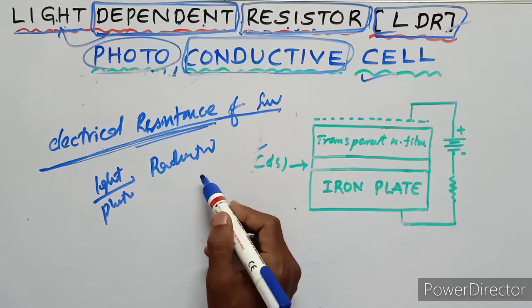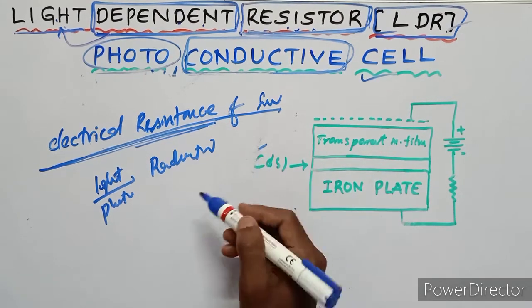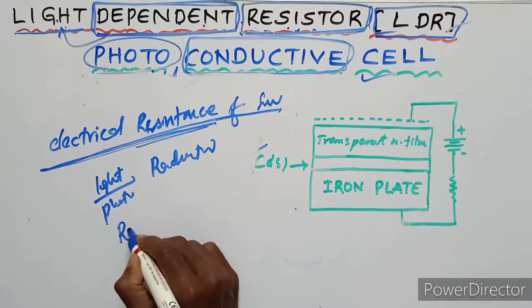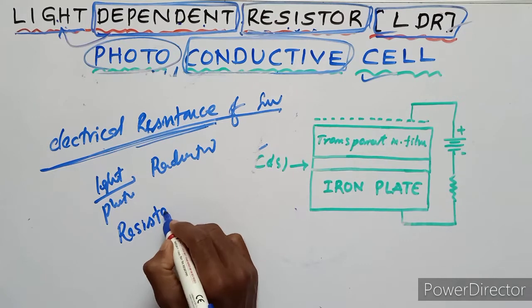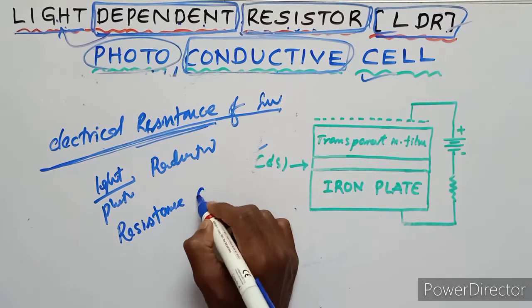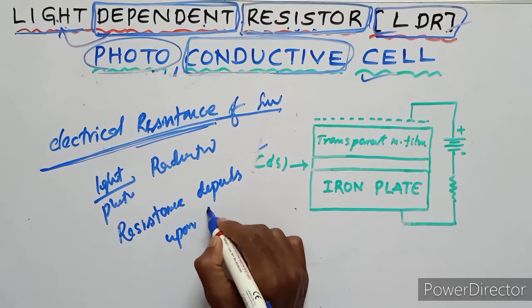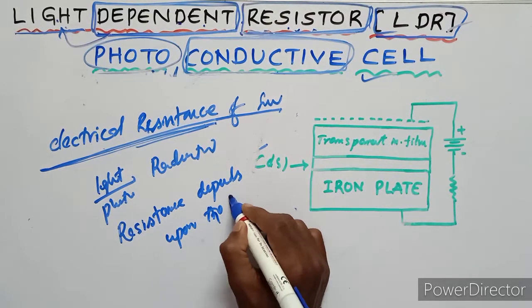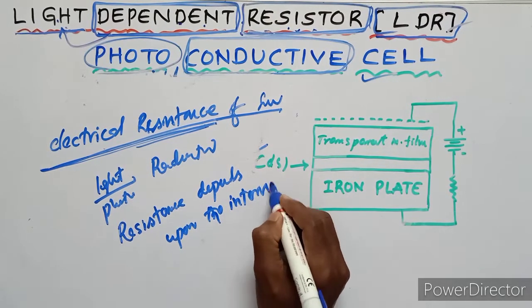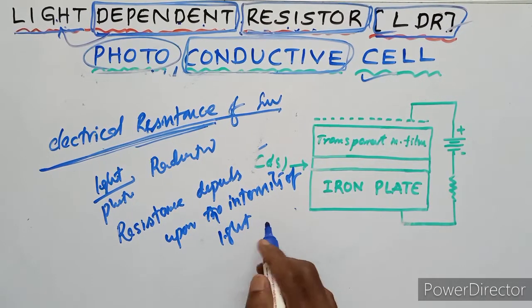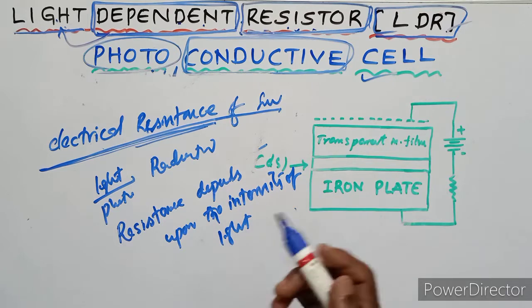The rapid decrease in the resistance depends on the intensity and color of the light. So that means the resistance depends upon the intensity of light and also the color of the incident light.